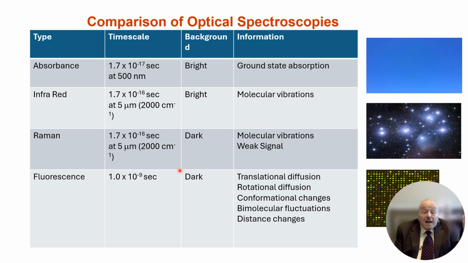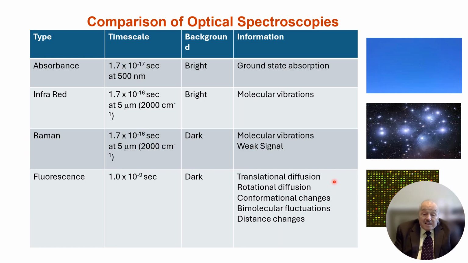But if you look at fluorescence, because of this time scale of fluorescence, it drops from 10 to the minus 16th or 17th seconds down to nanoseconds, 10 to the minus 9 seconds. This now provides time for the biomolecules to do things.